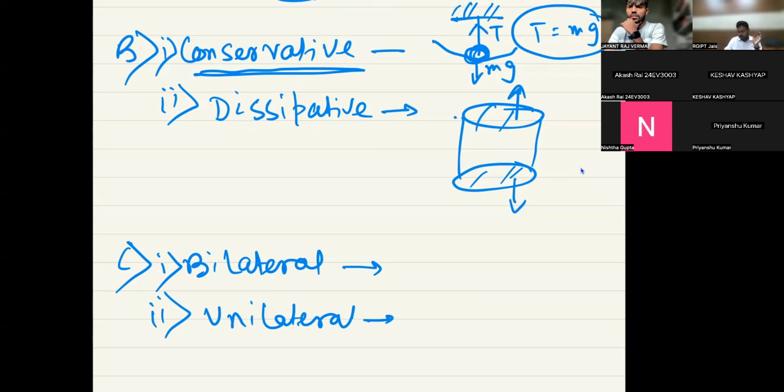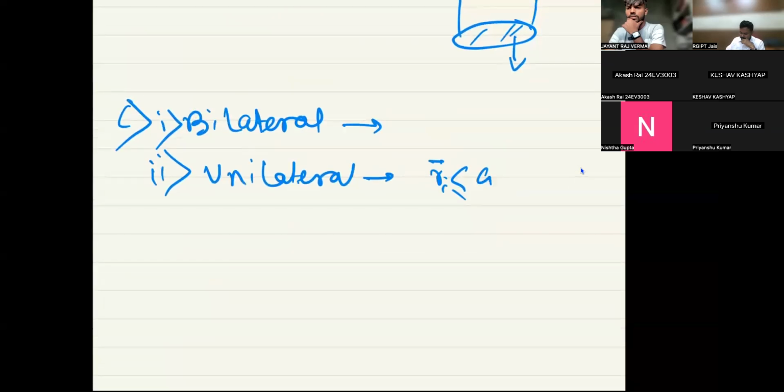For example, again this gas molecules, where you are only expressing the position of the particle in terms of the length of the cylinder or the radius of the sphere, where r_i is always less than or equal to a. So this type of constraint is called unilateral, and the other bilateral.